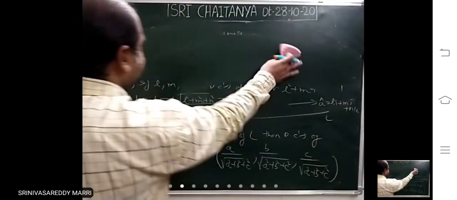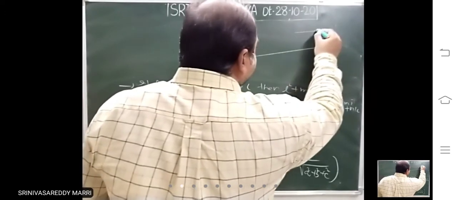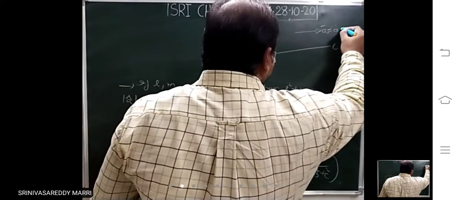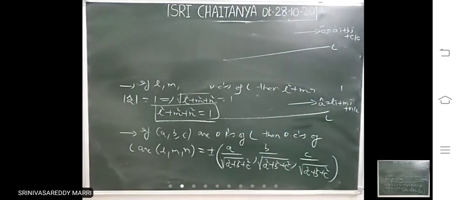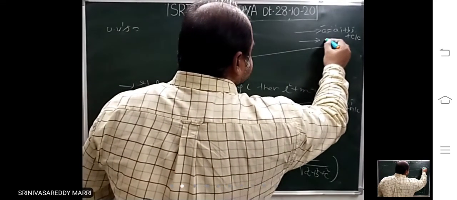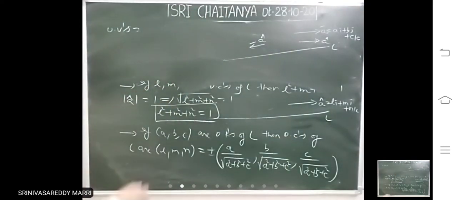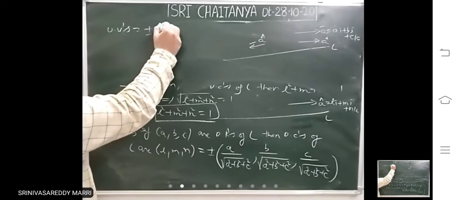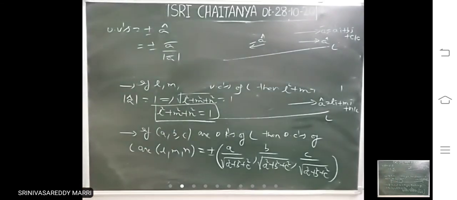Look at how. DRs are given as A, B, C. Whenever DRs are given, a vector is given, A bar equal to AI. Immediately you write the vector A bar. That means the line has direction A bar equal to AI plus BJ plus CK. Write unit vectors: one is in this direction and another one is in the other direction, minus A cap. Right? So the unit vectors are plus or minus A cap, plus or minus A bar divided by modulus A bar.